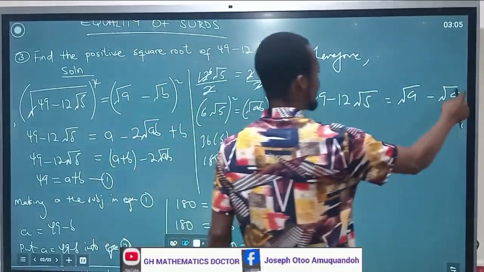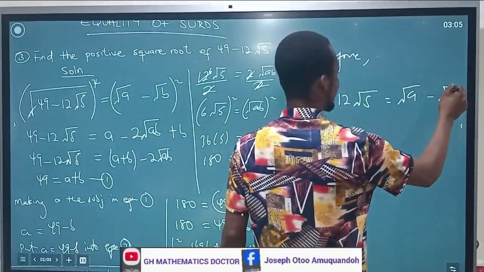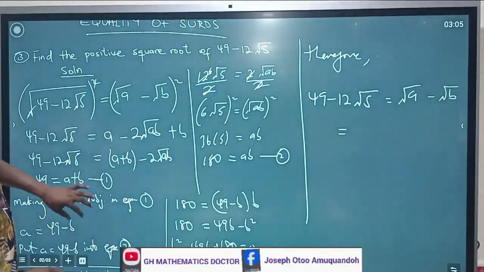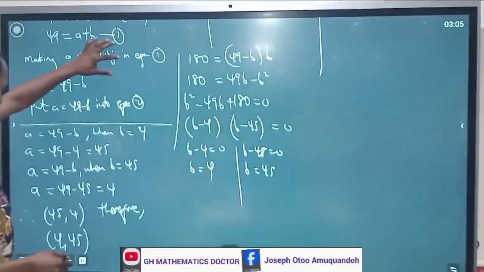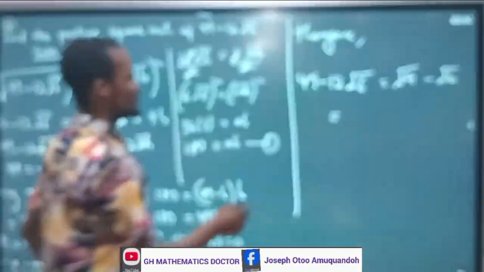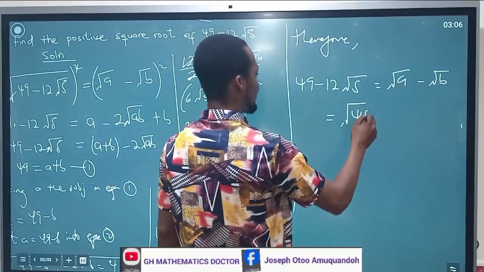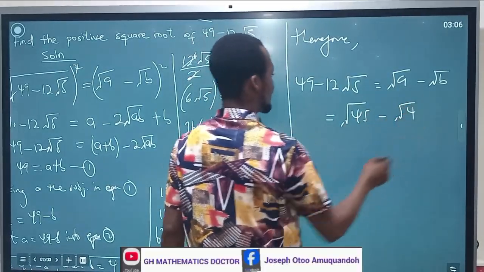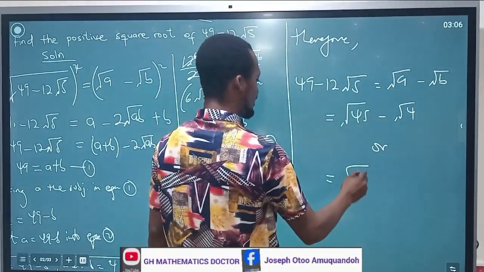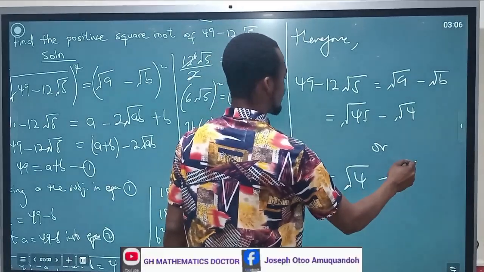And we have the answers here: when A is 45, B is 4. So we have root 45 minus root 4, so the A comes first, root A minus root B.